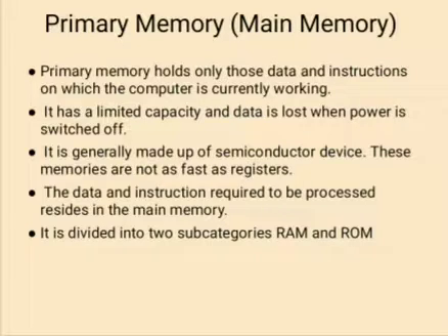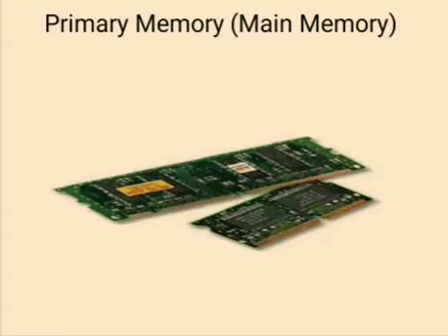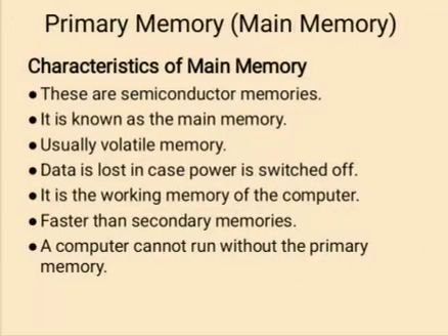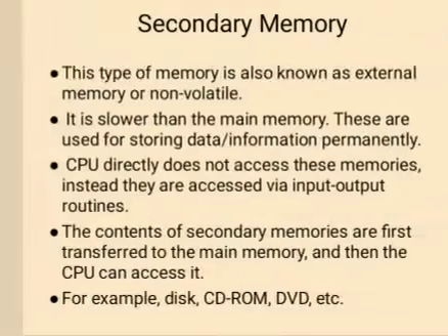It is generally made up of semiconductor devices, and the memory is fast, though not as fast as the registers. Data and instructions required to be processed reside in the main memory, and primary memory contains two types of memory, RAM and ROM. This is the diagram of primary memory. Without primary memory we cannot run computers. These are the characteristics of primary memory.